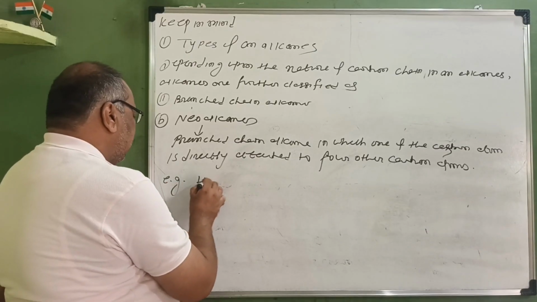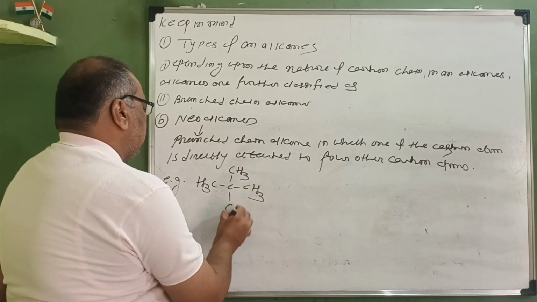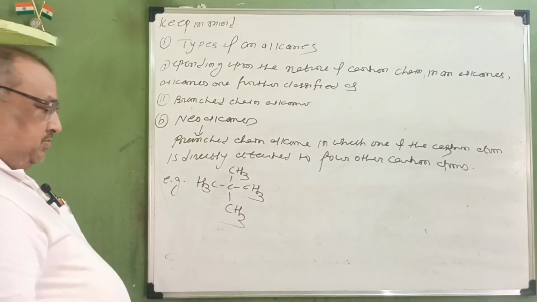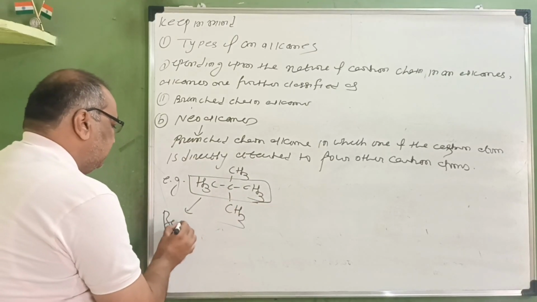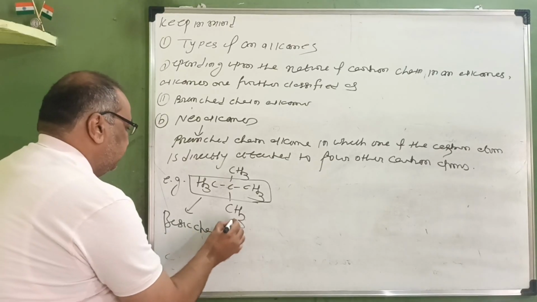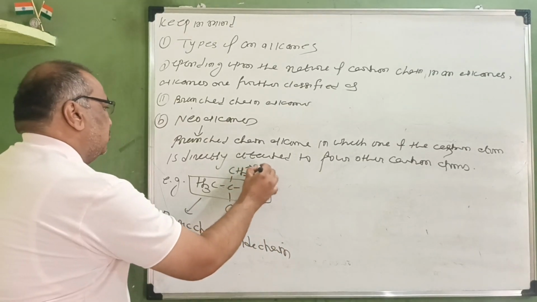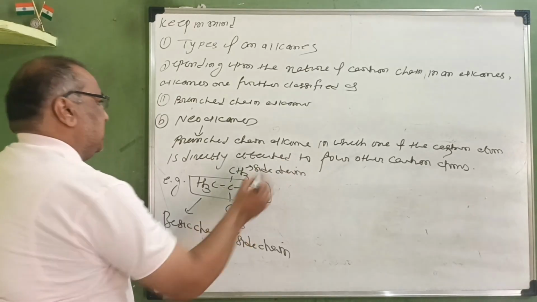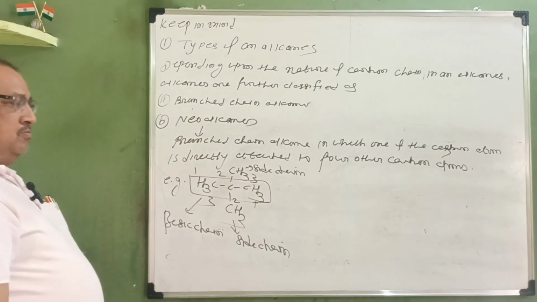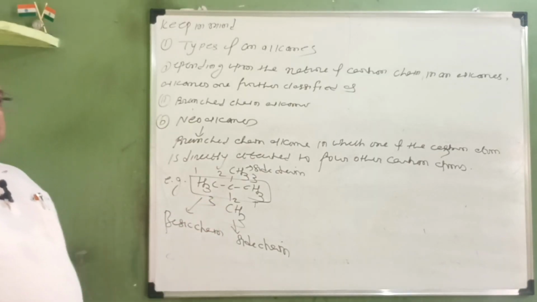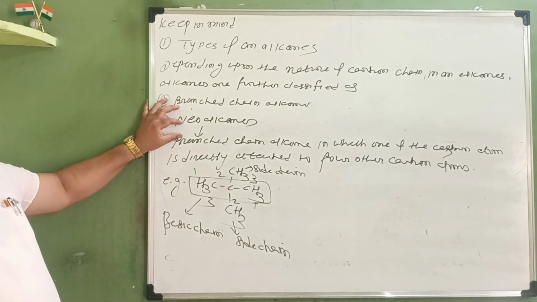That means here this is basic chain, this is side chain, and this is also side chain. Now here this one of the carbon atoms is directly attached to the four other carbon atoms, so it is neoalkane.